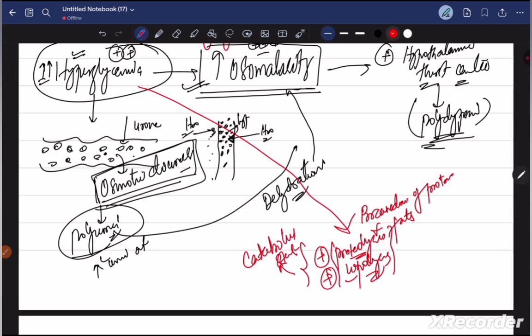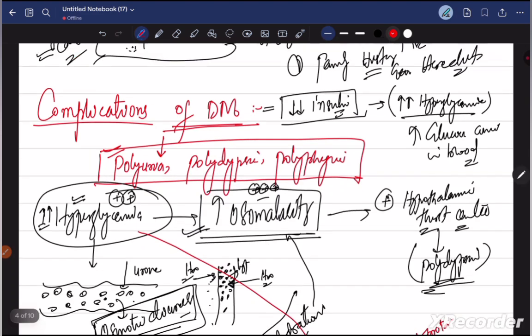When the body goes into the catabolic state, it will lead to polyphagia. So these are the reasons.